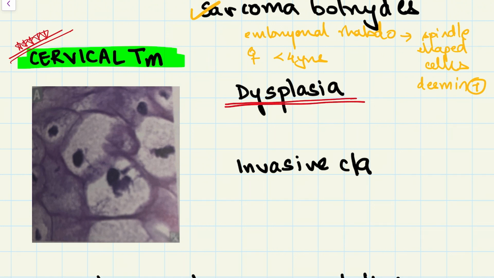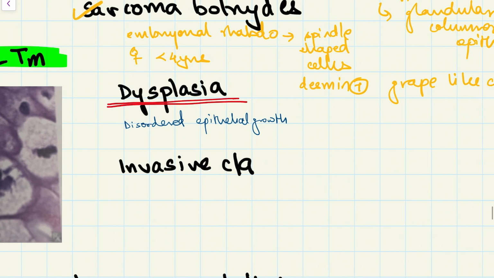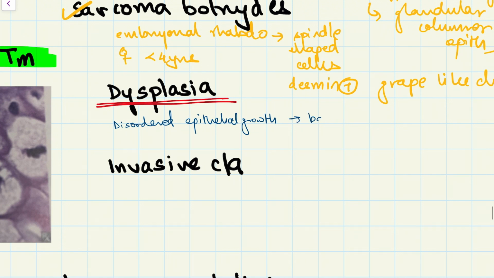What happens is that in dysplasia there is disordered epithelial growth, right? It begins at the basal layer of the squamocolumnar junction, which is nothing but the transitional zone, right, that we read between the endocervix and the ectocervix.